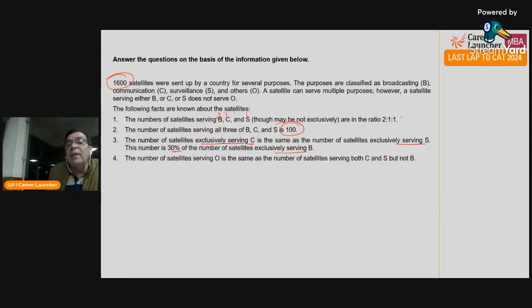So statement 1 is giving me a ratio. Statement 3 is giving me a ratio. Statement 2 is giving me one number. Statement 4, the number of satellites serving S is the same as the number of satellites serving both C and S but not B. It is again giving me a ratio. What does it mean? This is likely to be a difficult data set.